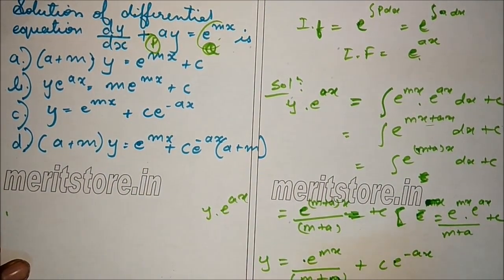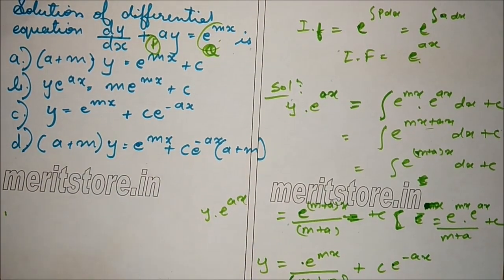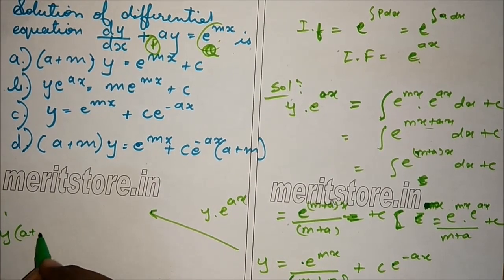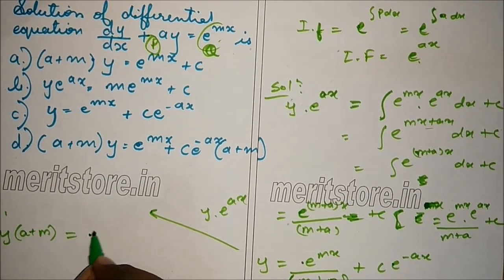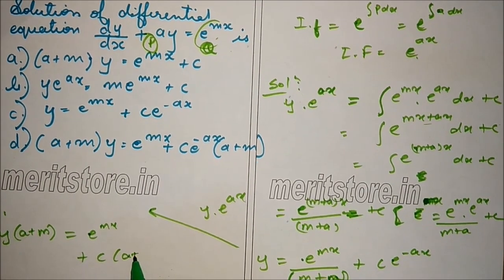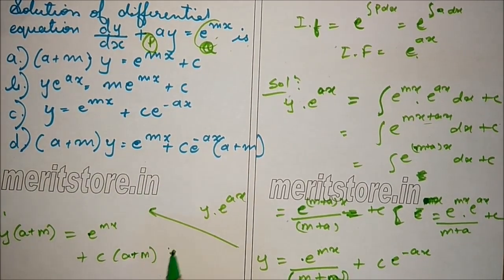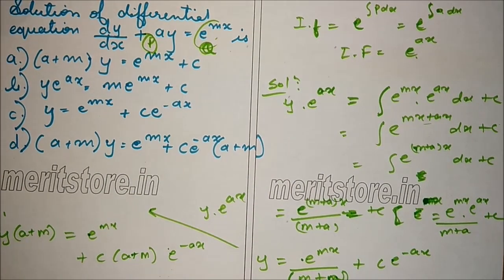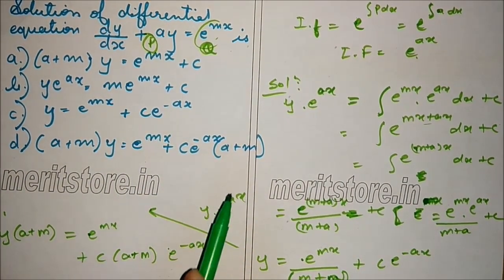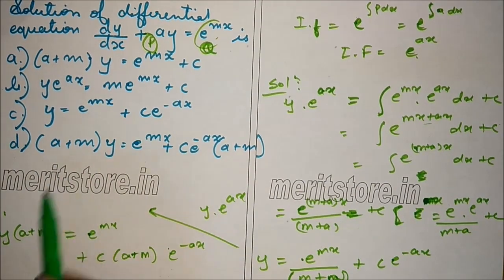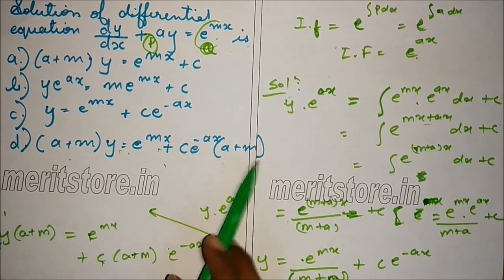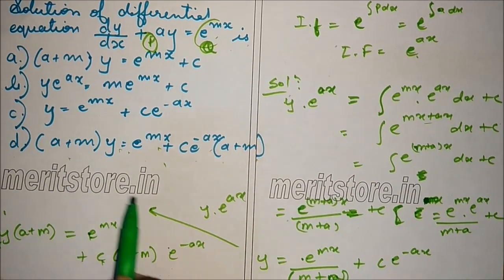Multiplying throughout by m plus a, we get y into a plus m is equal to e raised to mx plus c into a plus m into e raised to minus ax. So this is option D.